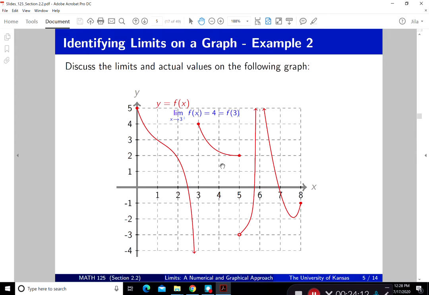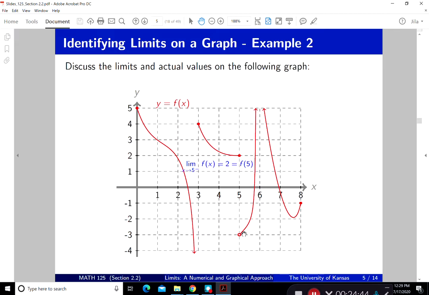So the prediction from the right at x equal to 3 is the same as the value at x equal to 3. Then again over here, the limit of f of x as x approaches 5 from the left is equal to 2, equal to the value of the function right there.